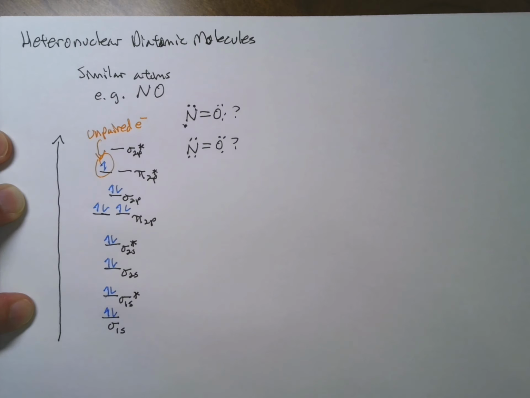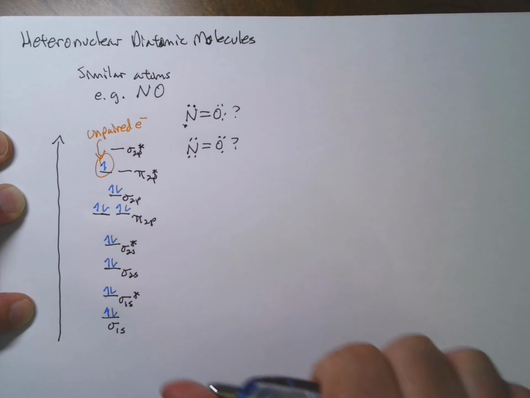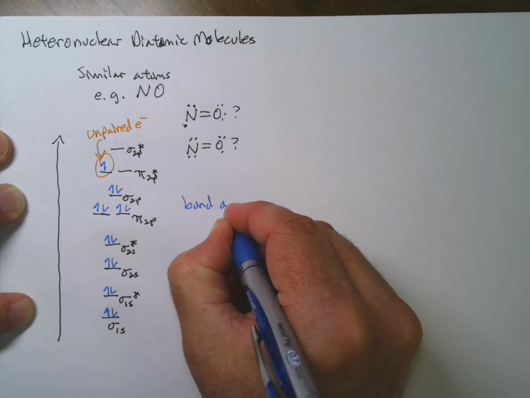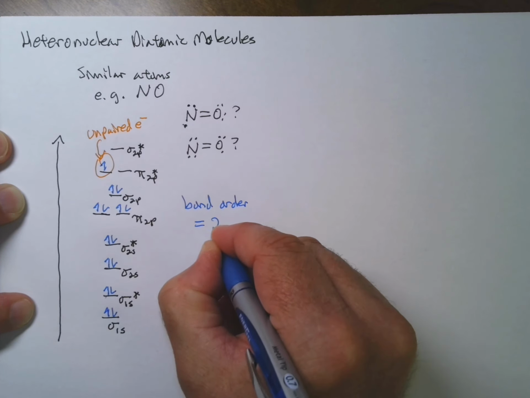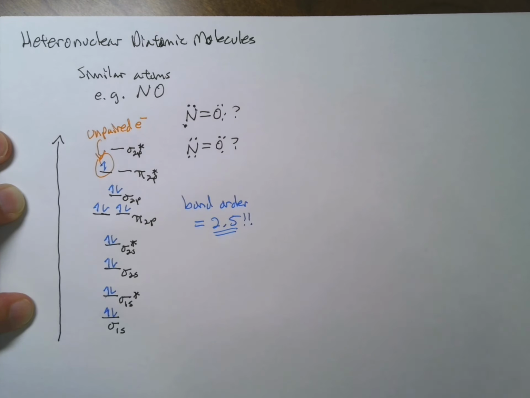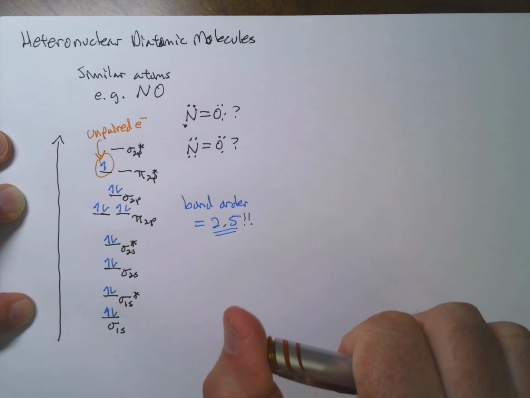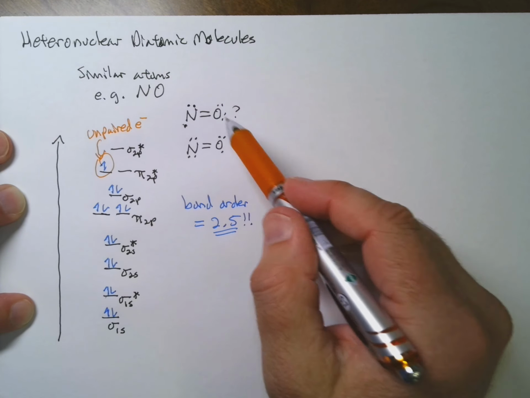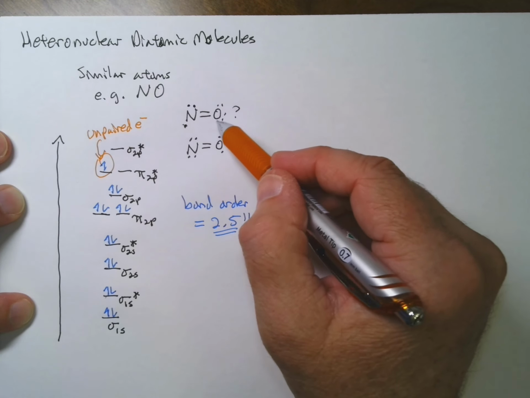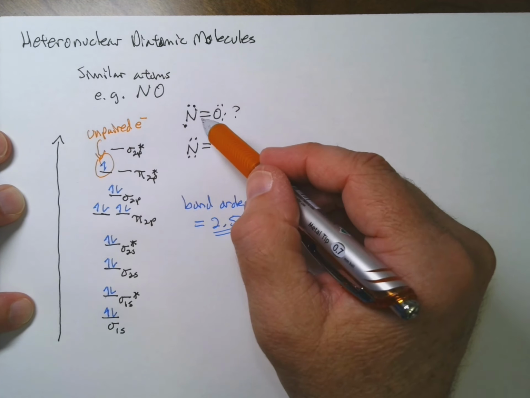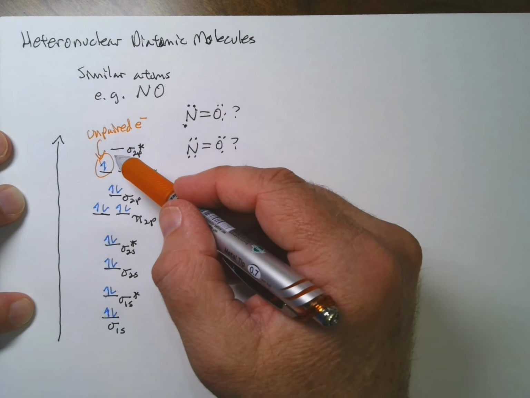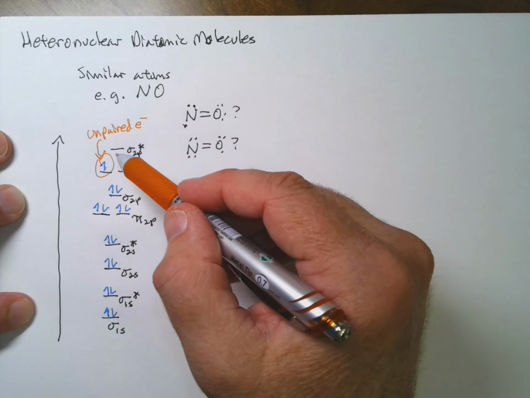That guy right there. And so if we count the bond order here, our bond order is 2.5. And so these Lewis structures really don't accurately describe it, because in a Lewis structure you're trying to assign electrons to atoms, but in this case this unpaired electron is sort of spread out over the whole molecule.